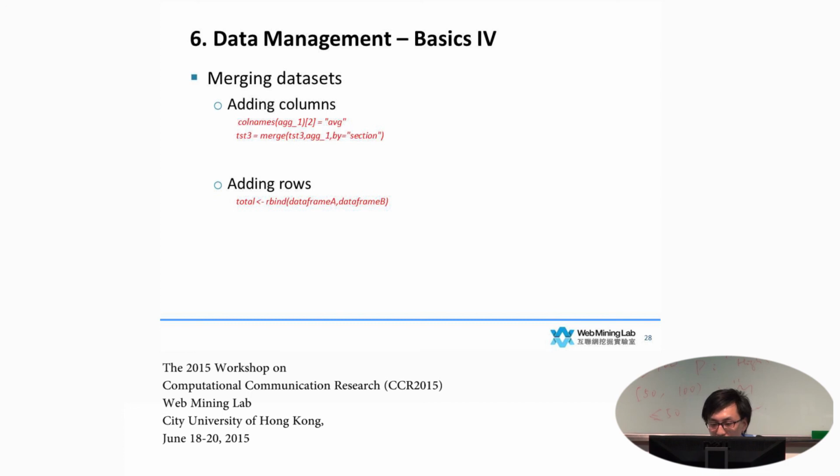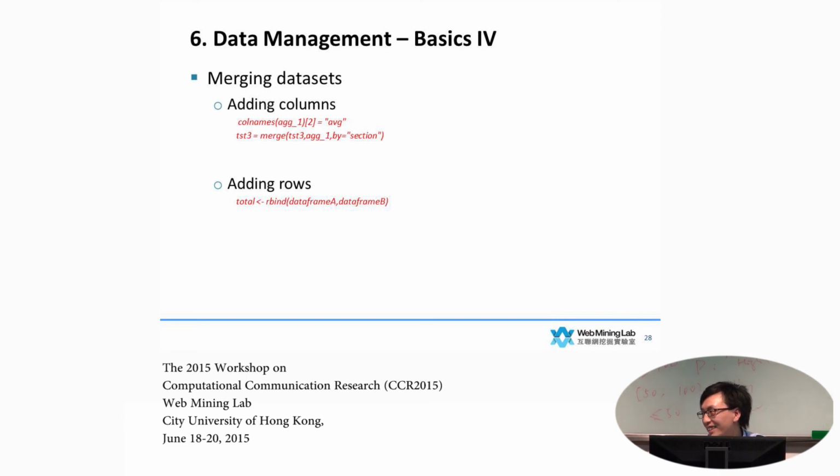For example, the first article is 390 words, and it belongs to the word section, whose average is, say, 1,000. We want to see whether this one is smaller or greater than the average. So we need a very, very useful function called merge.